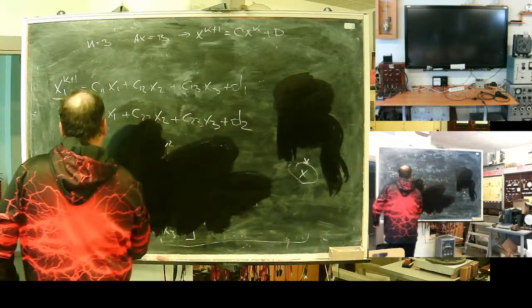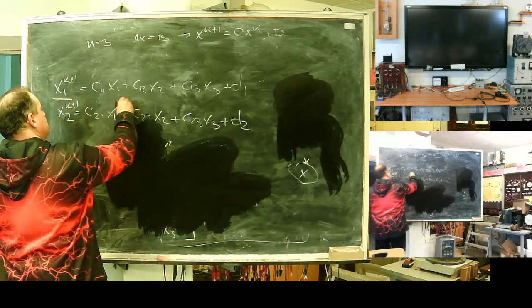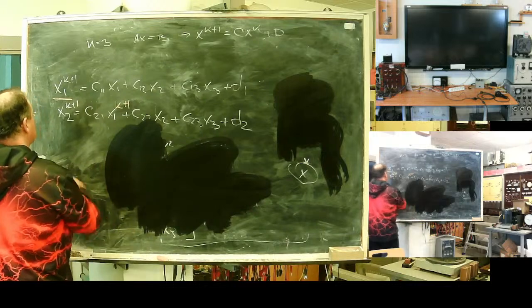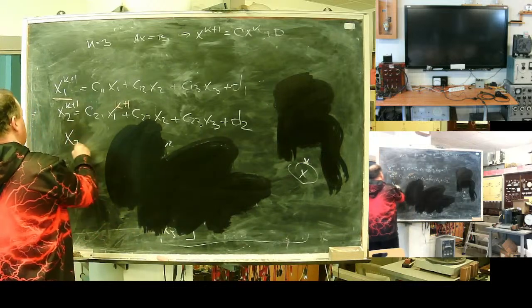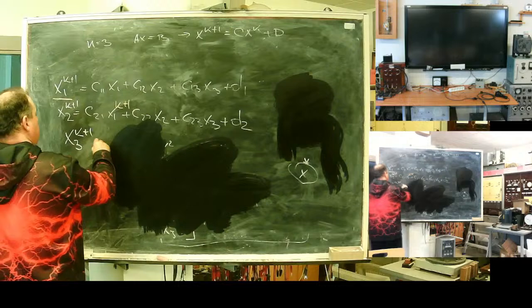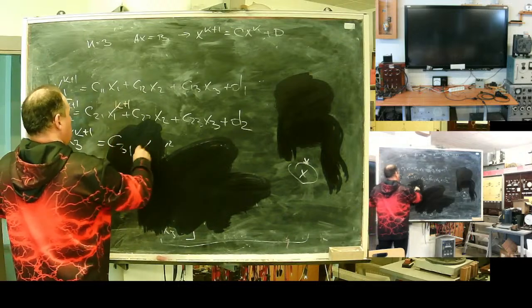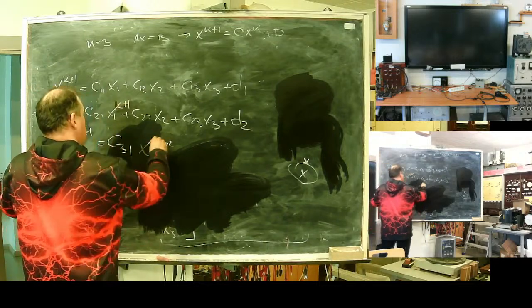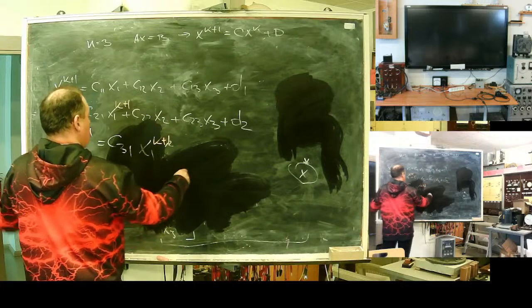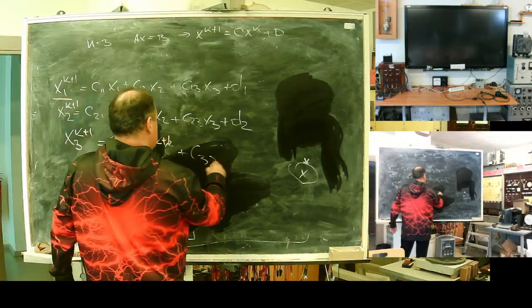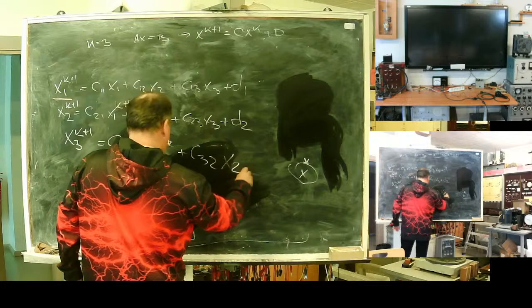So Seidel's idea was to use the next one. x3 next will be c31 x1 next plus c32 x2.